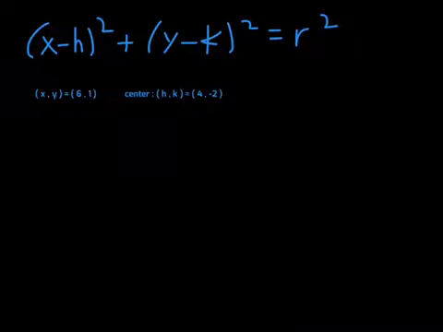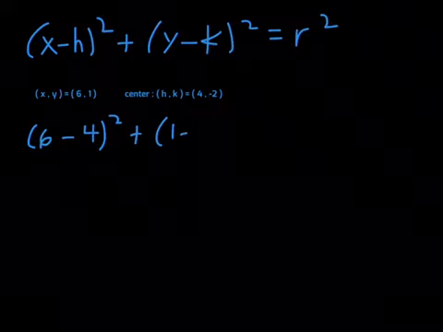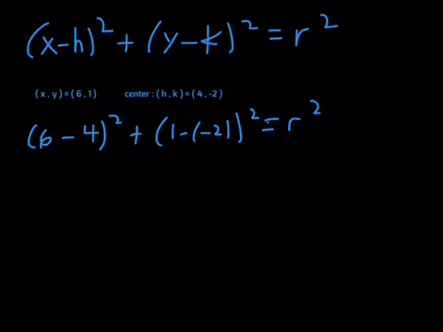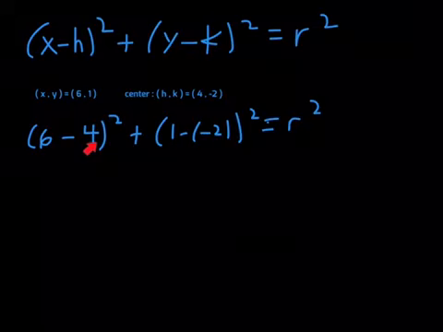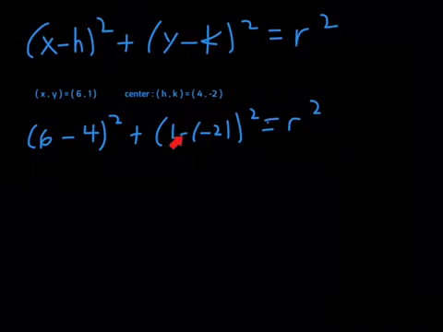So then this is going to be 6 minus 4 squared plus 1 minus -2 squared is equal to r squared. Did you guys catch what I did? This is x minus h, and this is y minus k.